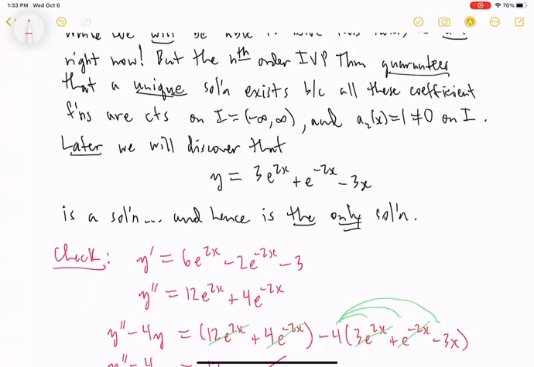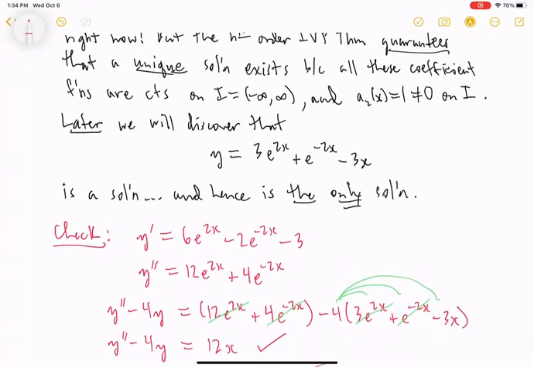Minus 4 times y. Y is 3 e to the 2x plus e to the minus 2x minus 3x. We just distribute that negative 4, and lo and behold, stuff cancels. And what are we going to be left with? All the exponential stuff goes away, and all that's left is 12x, which is exactly what we needed.